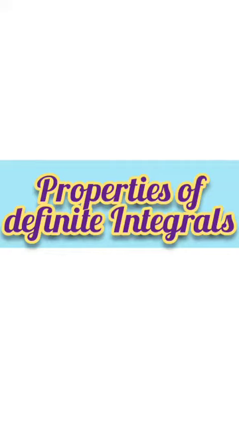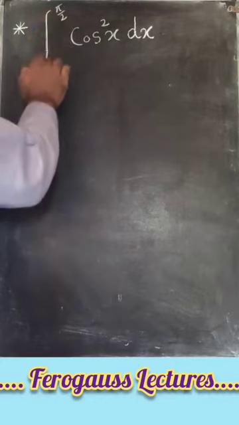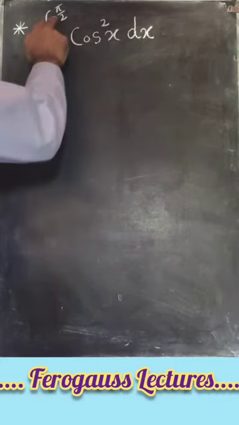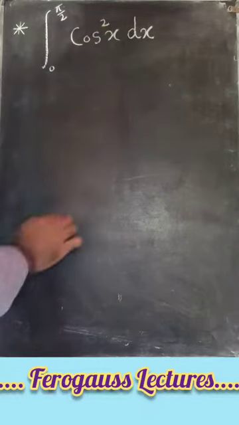Today we will evaluate some definite integrals from exercise 7.11 of your textbook, and we will evaluate these integrals using properties. Here is the first question. Here we have to evaluate this definite integral, that's integral 0 to pi by 2 cosine square x dx.